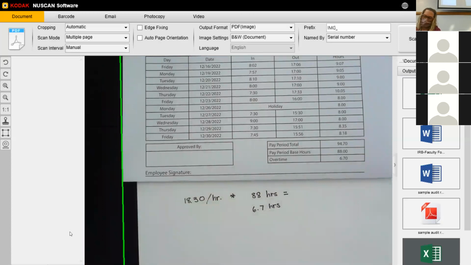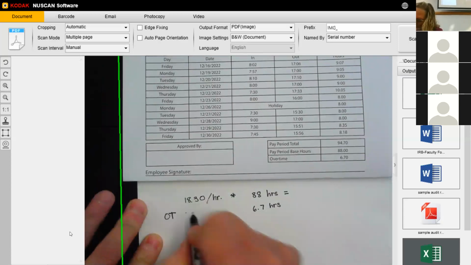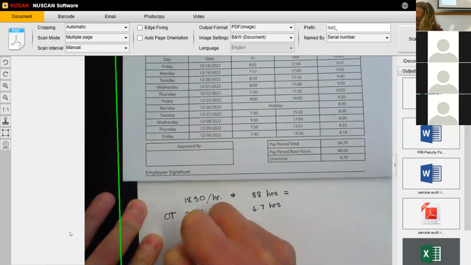So her overtime rate is $27.45. That's 1.5 times.